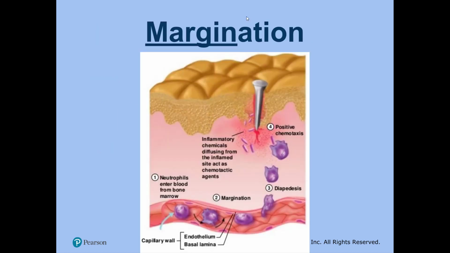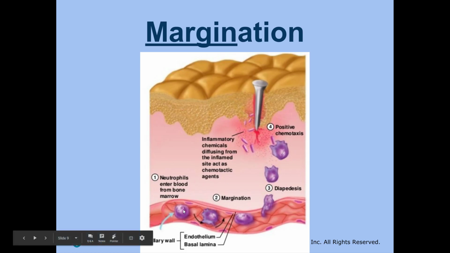Next concept is margination. Margination is when your neutrophils, which are in your blood, notice there's some action going on, like a nail and different bacteria coming in.